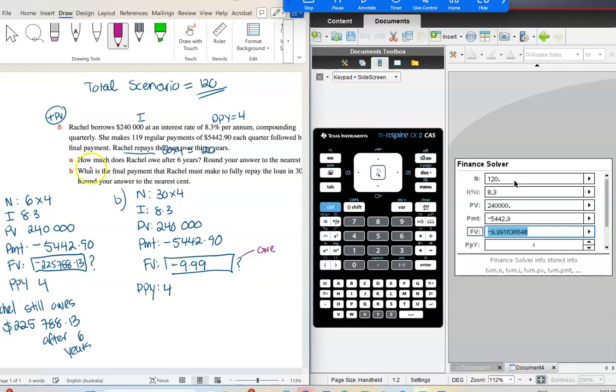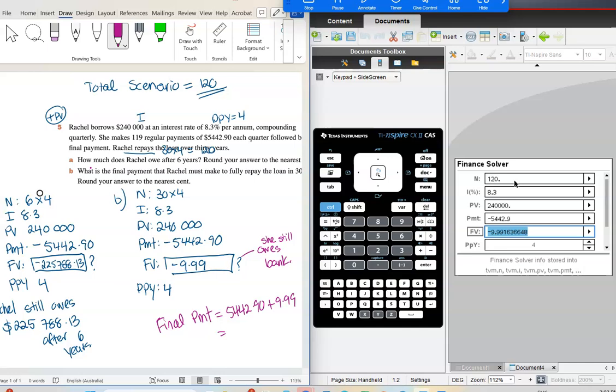So she still owes the bank. So her final payment has to be what she was normally paying, which was the 5,442.90 plus this $9.99, because we're not going to have a bank loan open up for another quarter just for $10.